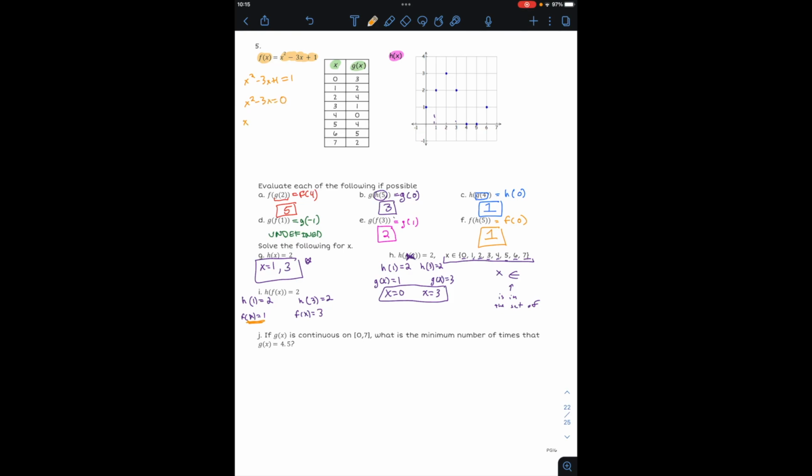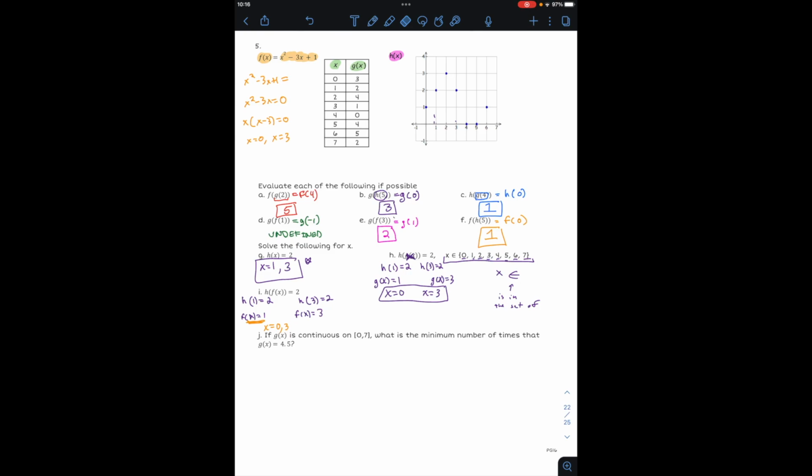Subtract 1 from both sides. x times x minus 3 equals 0. x equals 0, x equals 3 would be solutions on that end. So that looks okay. Okay, so I'm going to write that down. x equals 0 or 3.